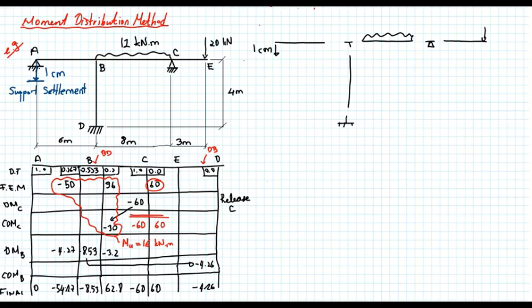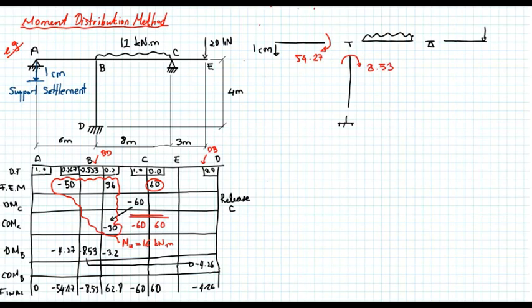So BC minus 54.27, it's a clockwise moment, 54.27. Now moment BD is minus 8.53, so another clockwise moment, 8.53.